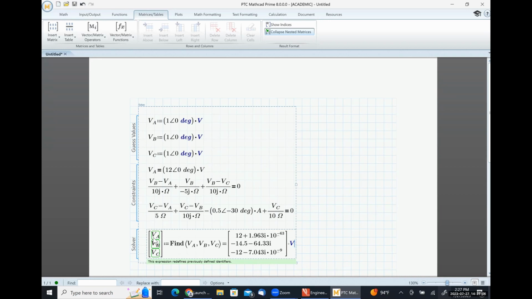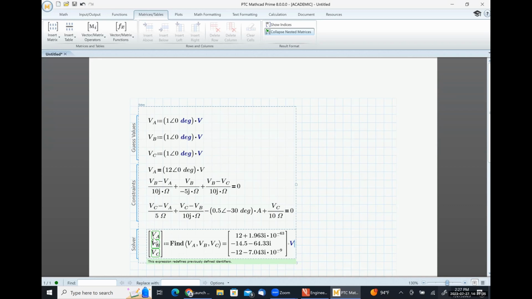All right, so I want to look at a couple of things here. The first of which is that the result we got has been expressed to us in rectangular form using i as the imaginary operator. We can make MathCAD give us the answer in the form we want.